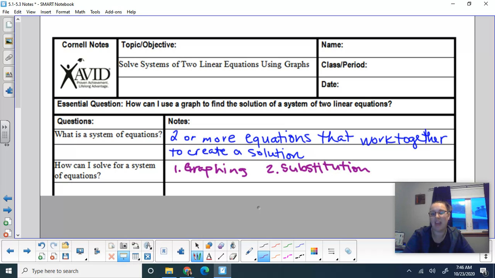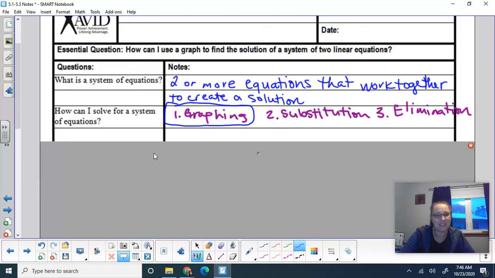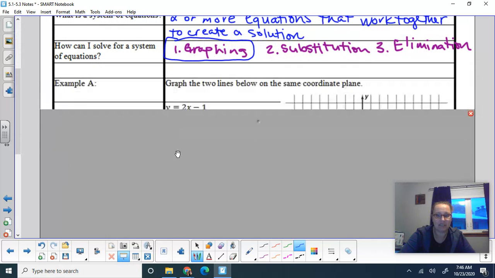And then the third method that we use is elimination. Elimination is going to be the one where you eliminate a variable. So we have these three methods. Today, though, we're going to be focusing on the first of these three, graphing.